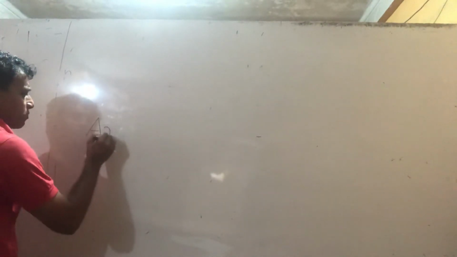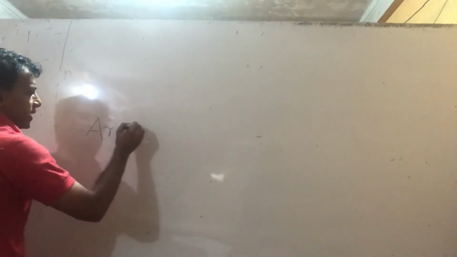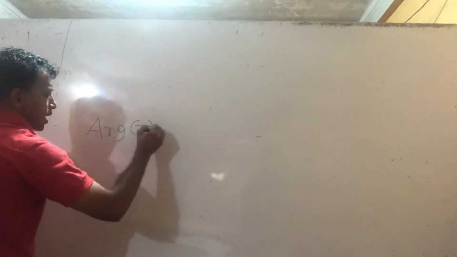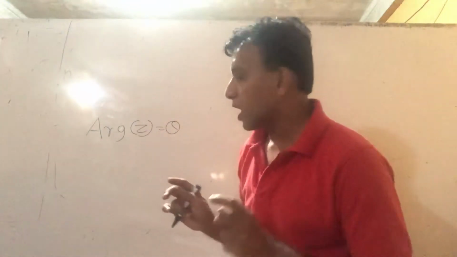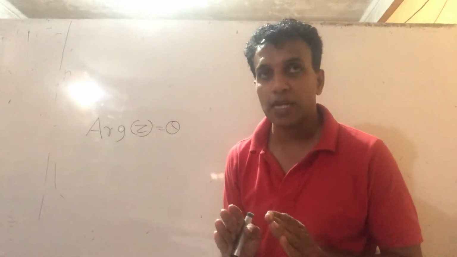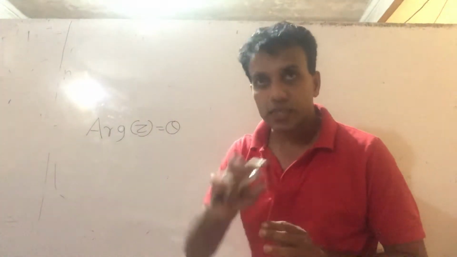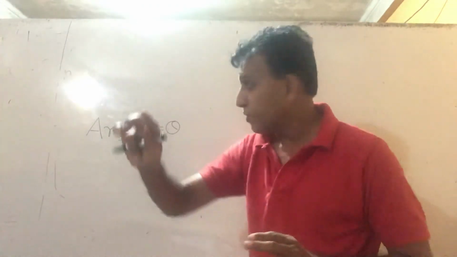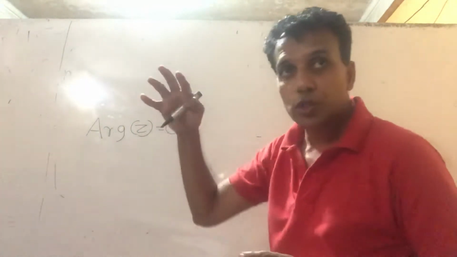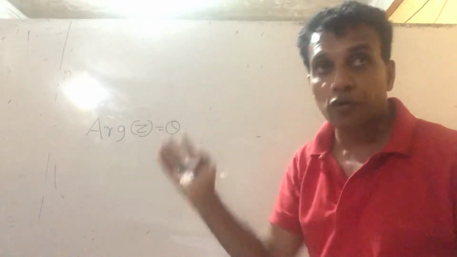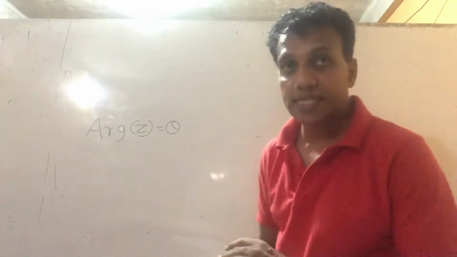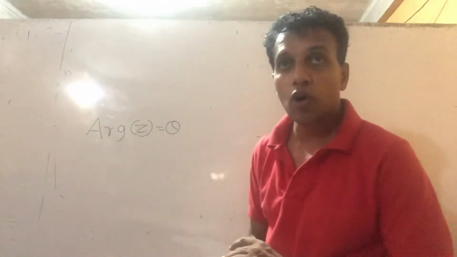Before that, I will show something about the argument, arg z equals theta, and explain a few theory parts. What is the argument? arg z equals theta means the straight line segment which makes an angle theta with the positive direction of the x-axis, the real axis. This passes through the origin.